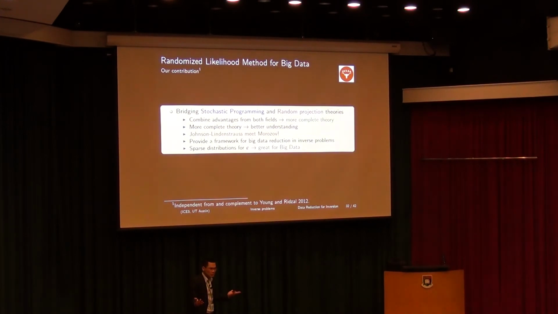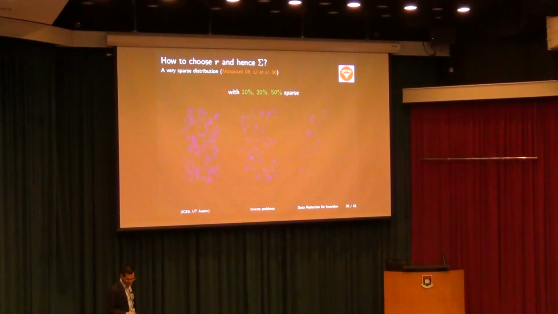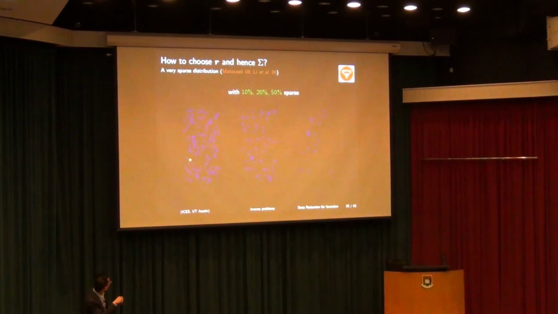It still works, and they didn't understand why. Even though they made a connection with the stochastic, our contribution here is that we prove it works, because if you combine the Johnson-Lindenstrauss random projection and Morozov, that explains why it still works with a small dimension.